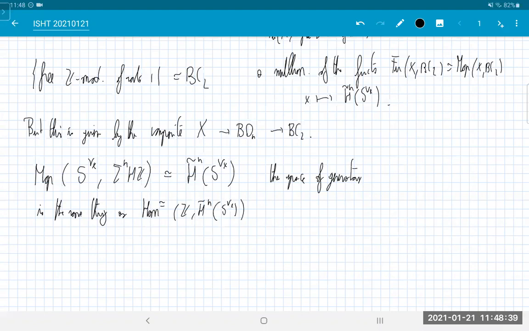Yeah, that's what I was trying to say. And so giving a point here is the same thing as giving a null homotopy of these maps.